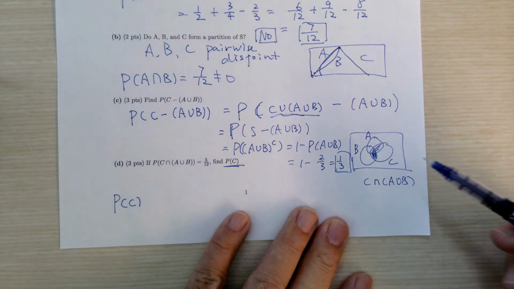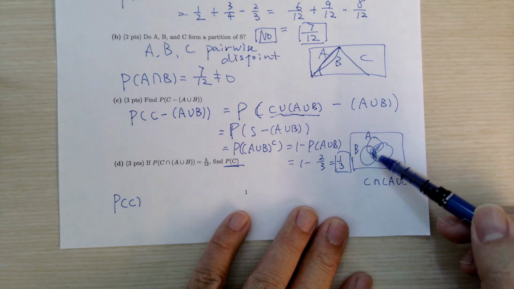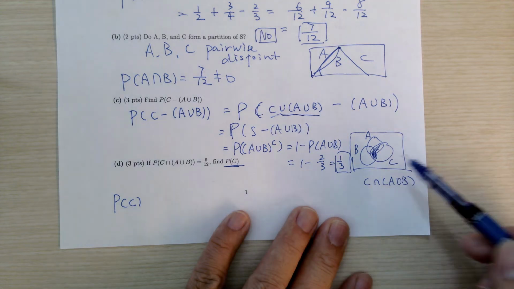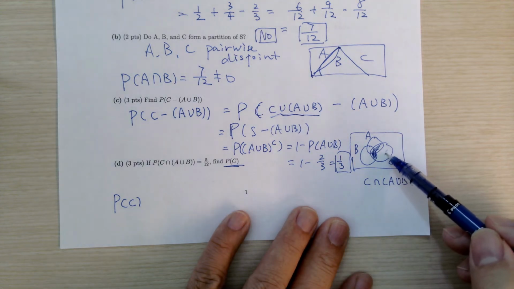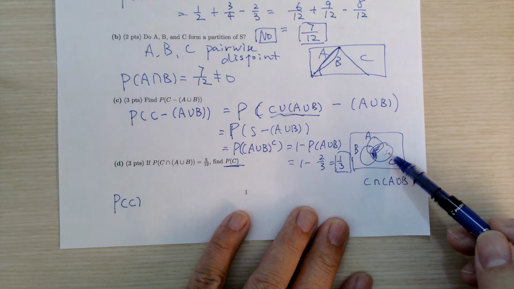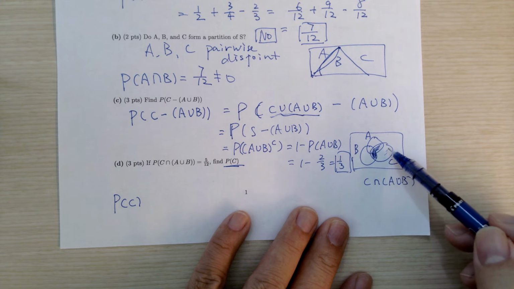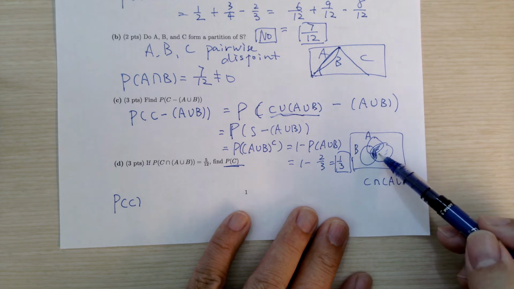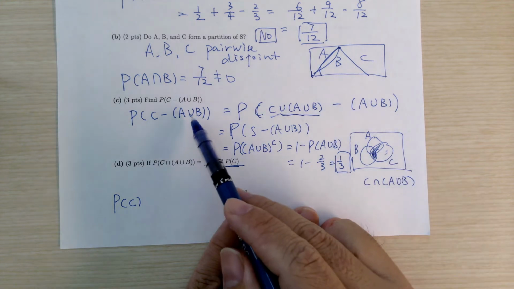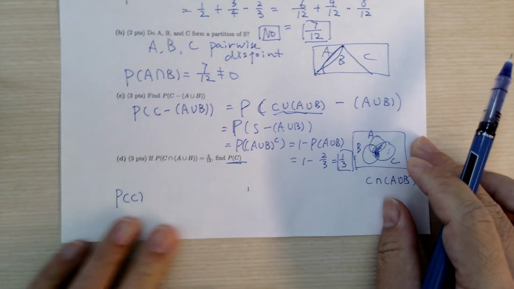So you see that the probability of C is the probability of this part, which is given, plus the probability of this part. Now how do we represent this part? It's just C subtract A union B, which is the part we already got.